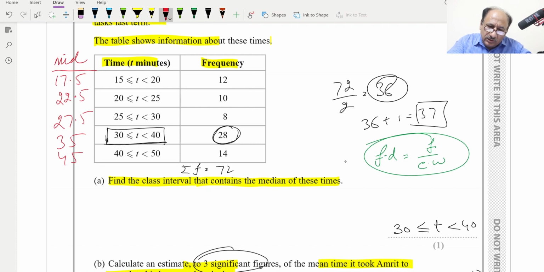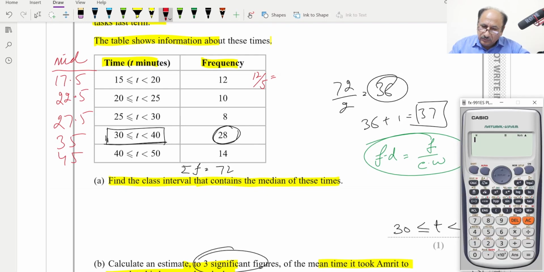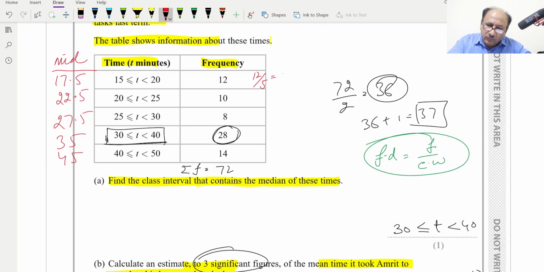So for this one it will be frequency 12 divided by class width, 15 to 20, which is 5. 12 divided by 5 is equal to 2.4. Next is 10 divided by class width, which is also 5, so this will be equal to 2.